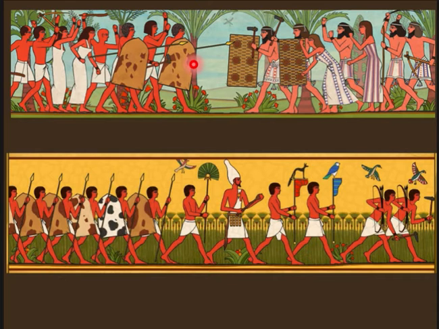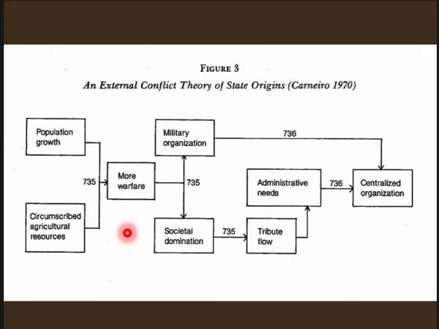You're going to have another hierarchy developing. Let's say you organize your society into a military leader and other leaders to go conquer another area. You conquer that area, and now you have the conquerors and the conquered. That sets up even greater hierarchy, and out of this emerges the state. Right? So according to Carneiro, warfare led to the rise of the state.